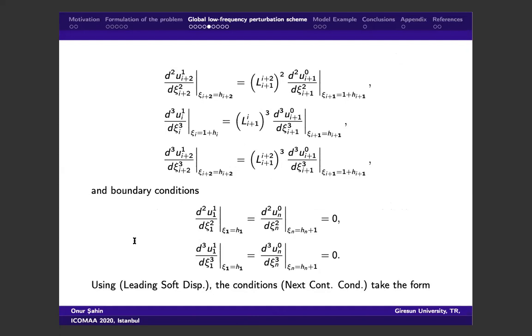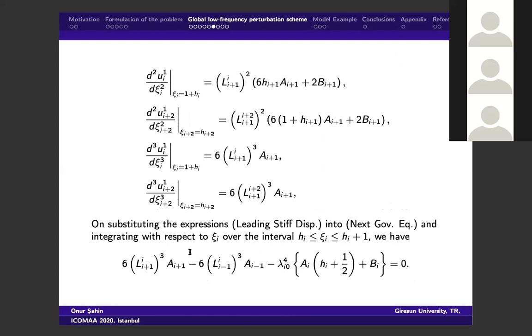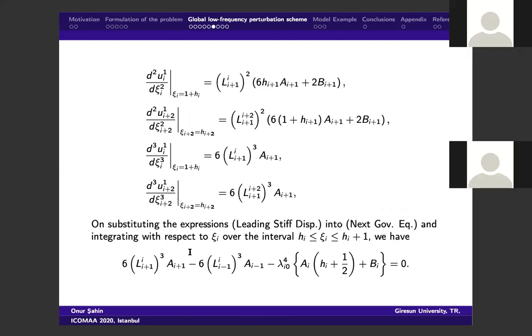First, using the leading order displacements for the soft components, the next order continuity conditions take the following form. And then substituting the expression for the leading order displacement for the stiff component into the next order governing equation and integrating with respect to Xi over the interval.